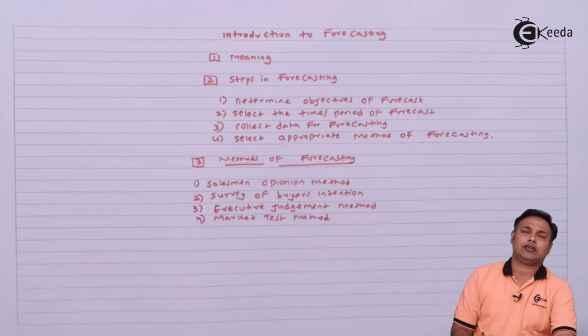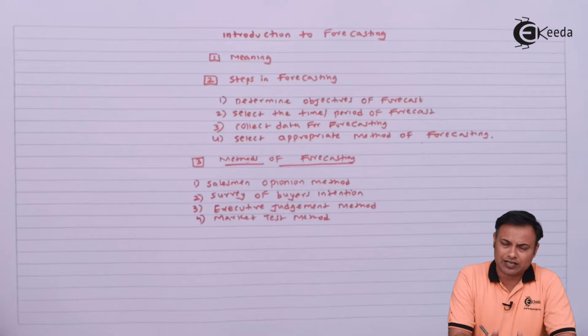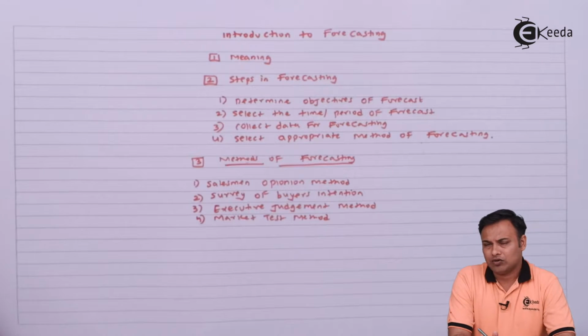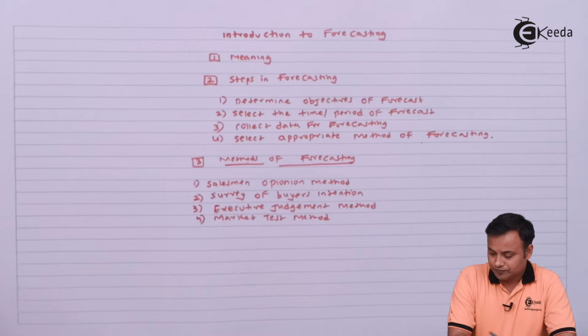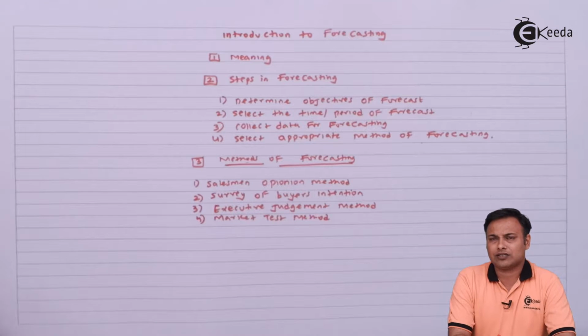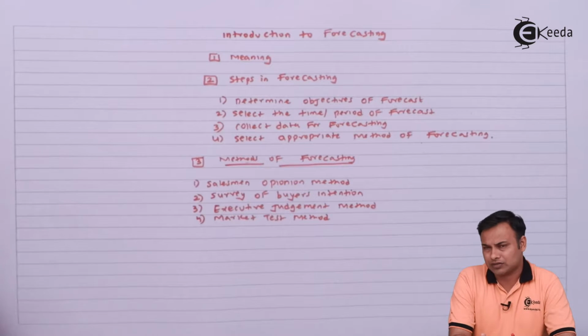Under market test method, a manufacturer might decide to release his product in a very small quantity to a very limited customers just to take the response of the market, that what is the response in the market for my product, and then decide whether I will launch my product in India. On that basis, companies go for something called the market test method. This method is not very suitable for carrying out the test of a newly introduced product which might have not been there in the past.